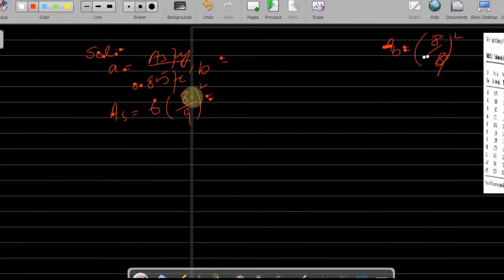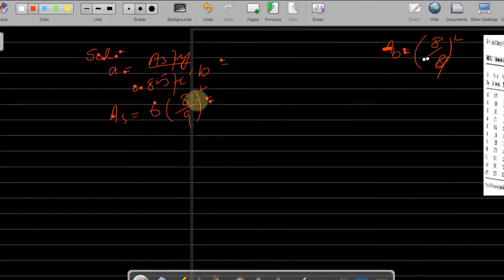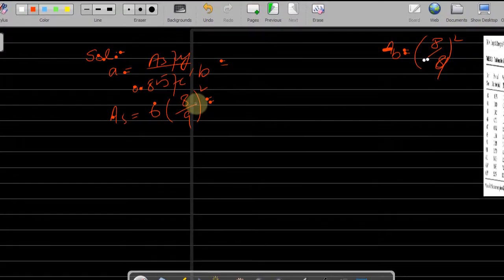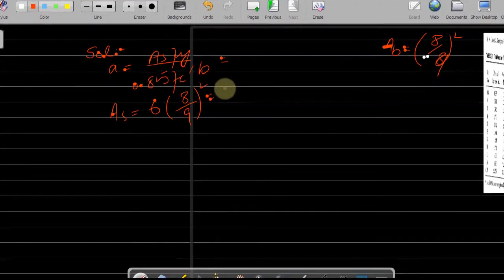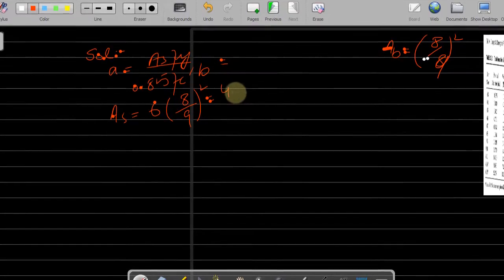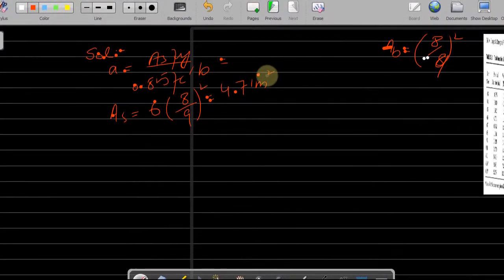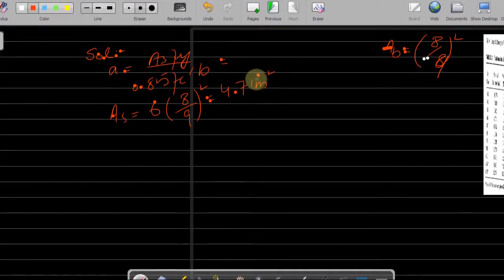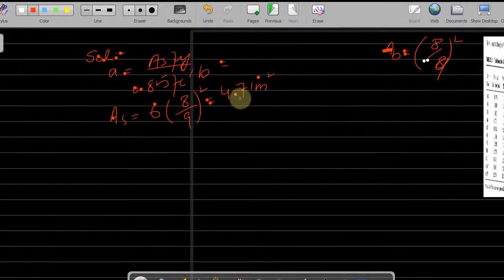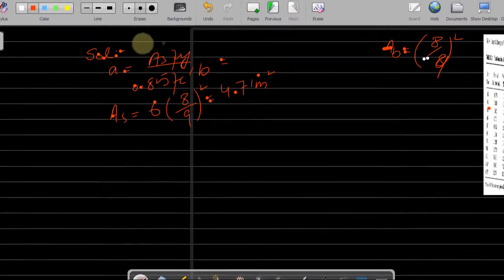If you do this calculation, you will find the area of steel, and the area of steel in this case will be 4.71 square inches, right? You can confirm this from this table. Let me discuss this table.